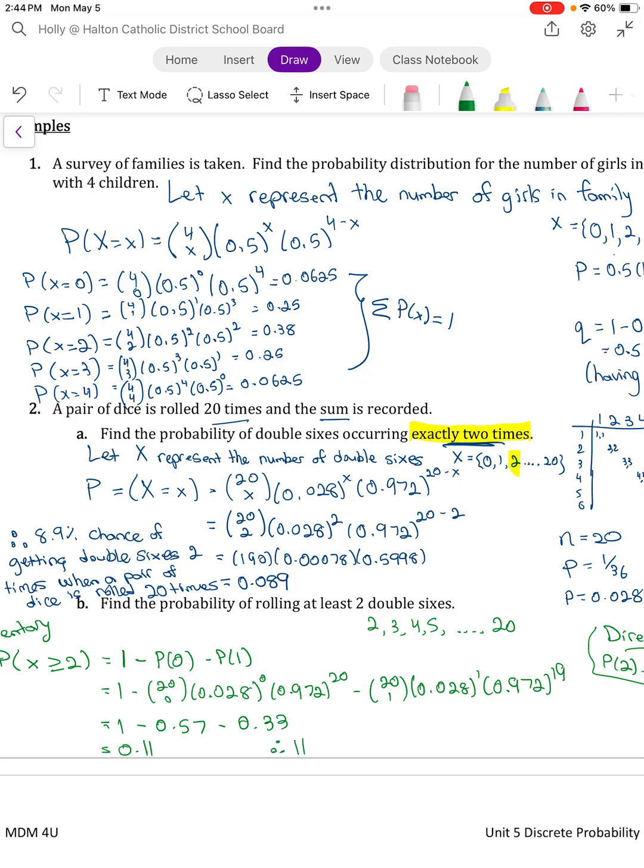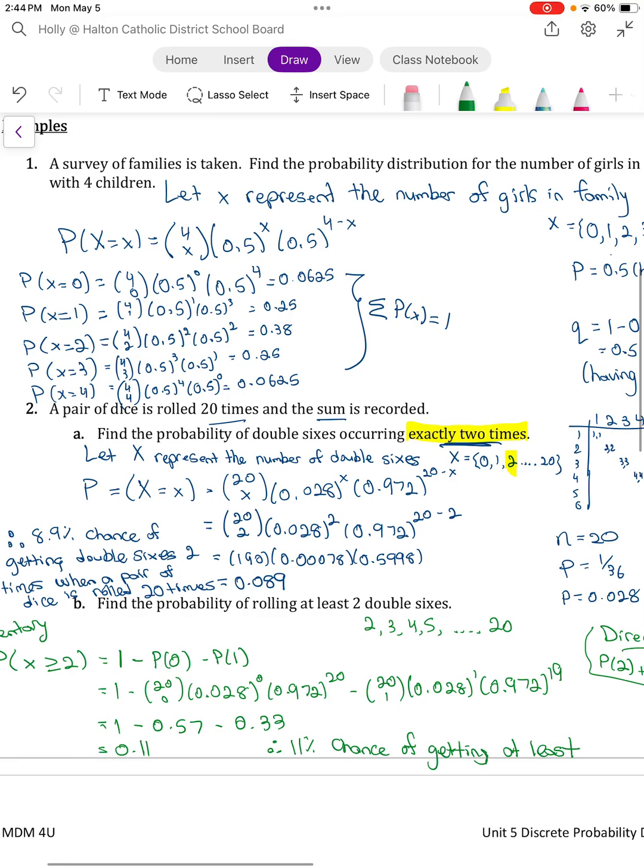So you have an 11% chance of getting at least 2 double sixes when a pair of dice is rolled 20 times.